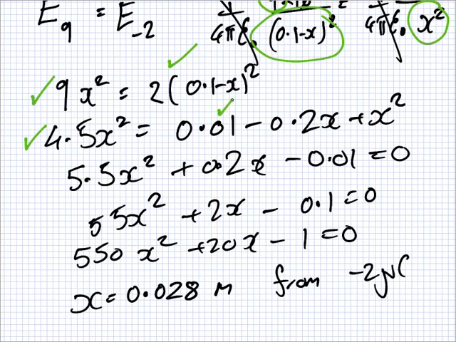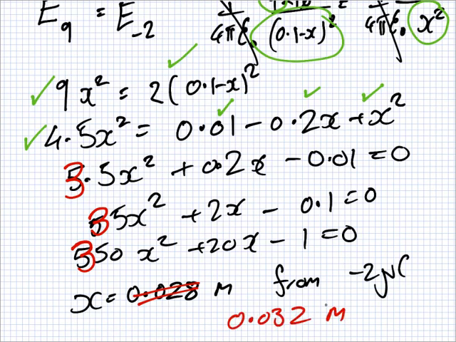Twice the first by the second, second squared. 4.5 minus x squared, that should be 3.5, that should be 35, that should be 350. Indeed. So x is 0.032 meters.